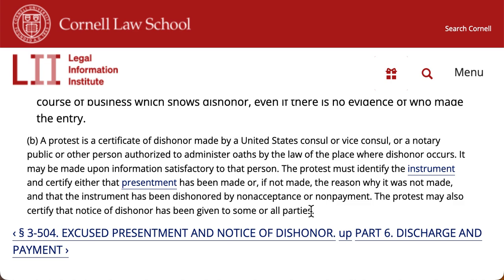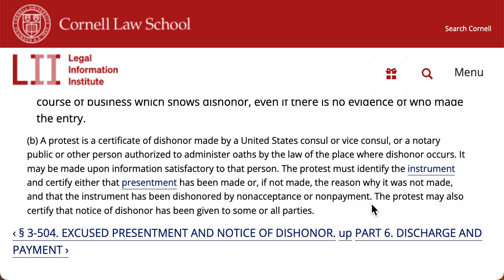It didn't say that it must, but it said it may also certify that the notice of dishonor has been given to some or all parties. If you look up here, it says the protest must identify. So some things it says must be in the protest, other things it says may be in the protest. But when I look these protests up, trust me, if you do a protest, that's pretty much like a judgment. It's an adjudicated fact.